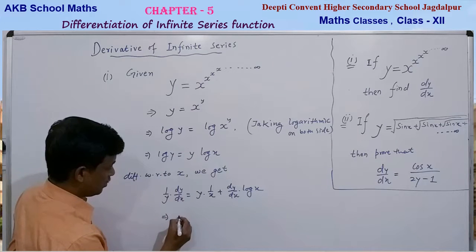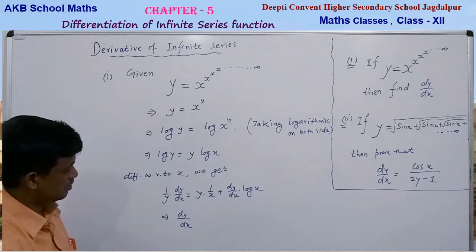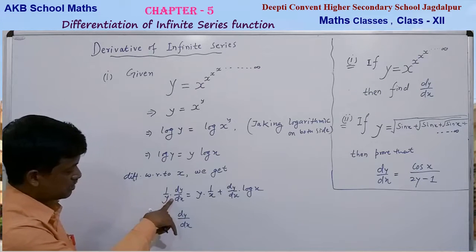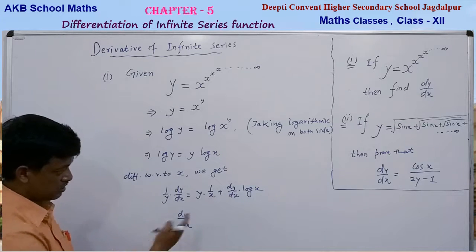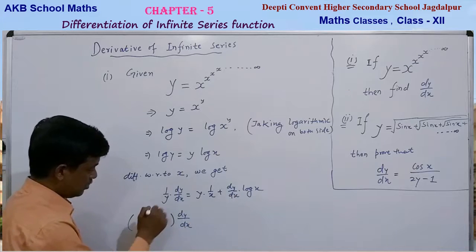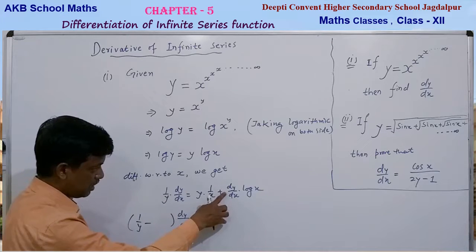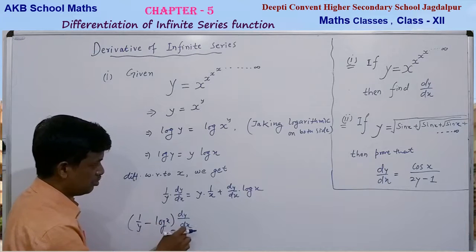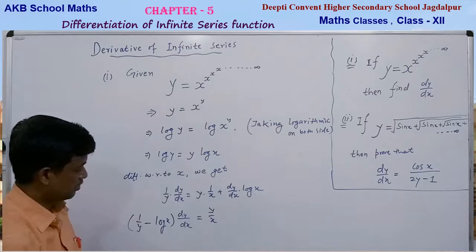Now here is dy by dx, also here is dy by dx. So collecting dy by dx, transferring this to the left side, we get 1 upon y dy by dx minus log x dy by dx equals y by x on the right side.